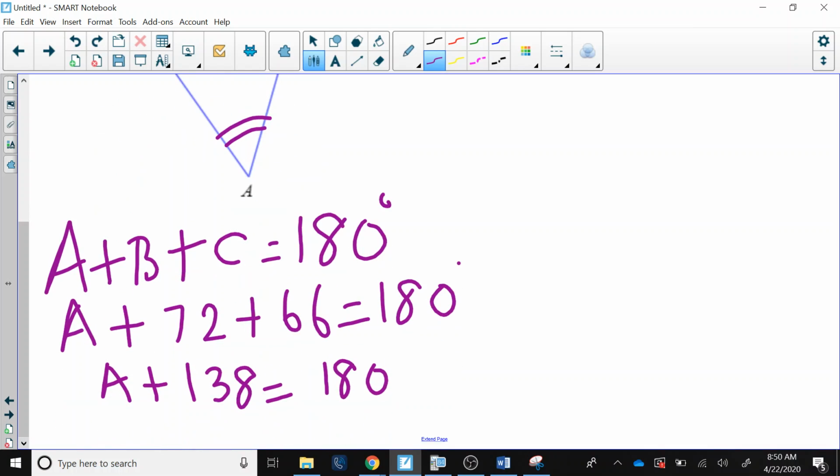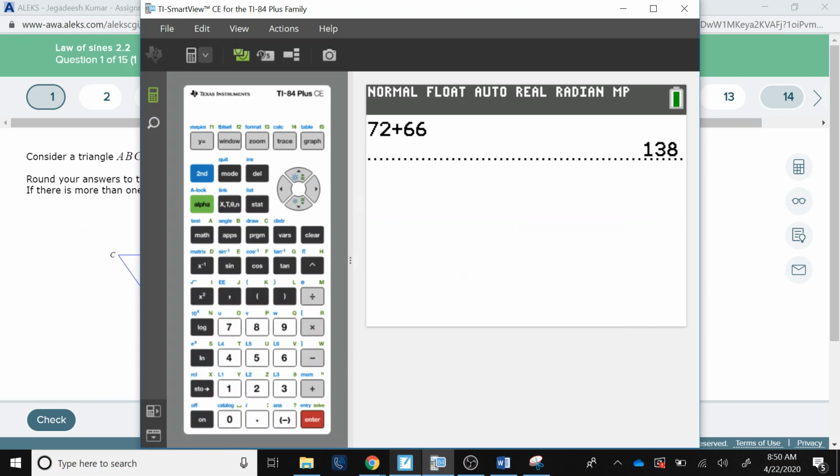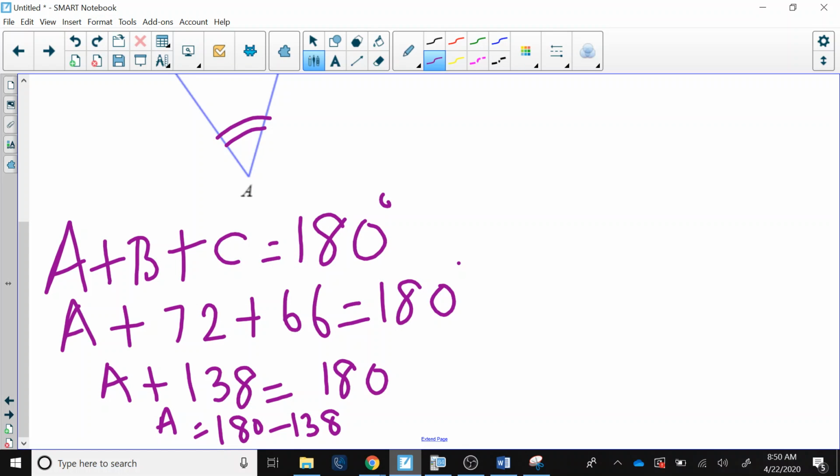A equals 180 minus 138, so 42. That means angle A equals 42 degrees.